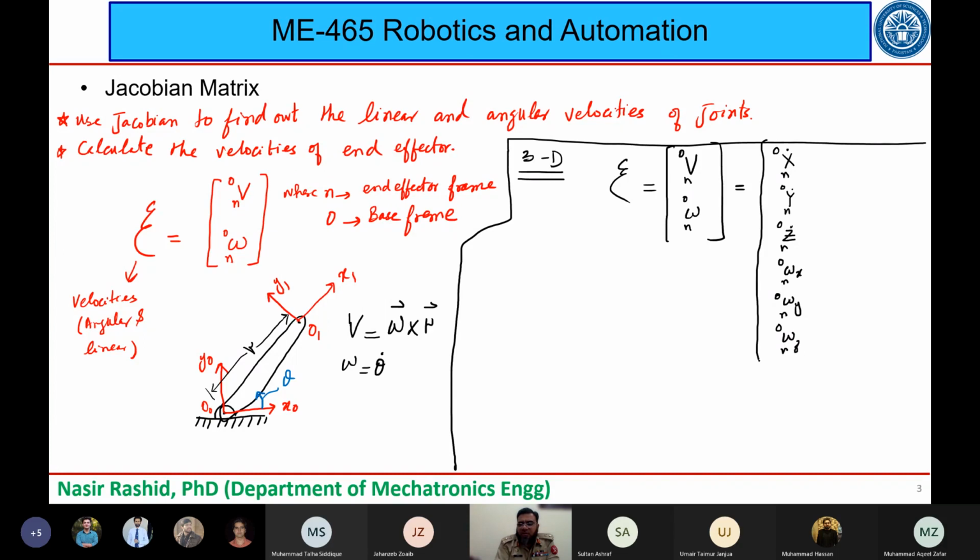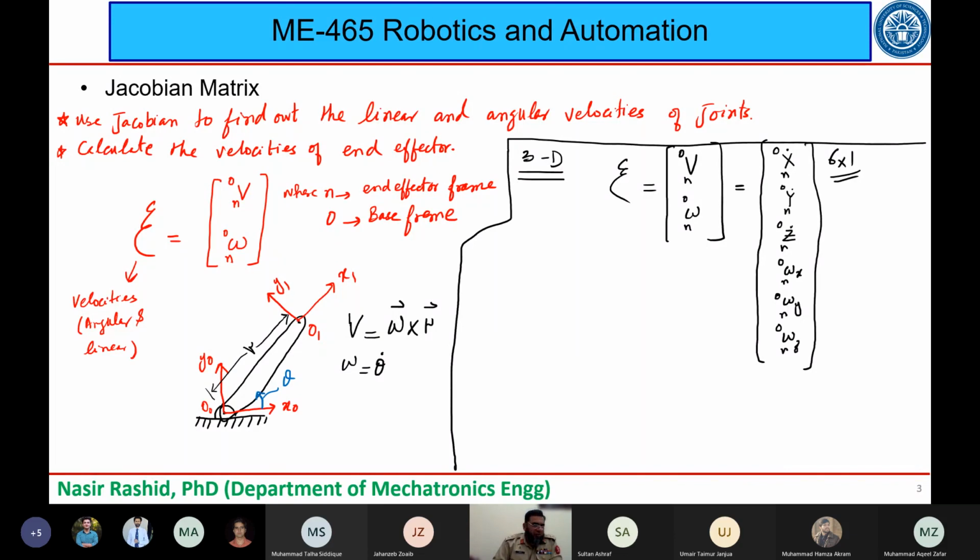So in fact, this will be a 6 by 1 matrix, which is going to give us the velocities of the end effector with respect to base, and each linear velocity will have 3 components, and also the angular velocity will have 3 components. So this will become a 6 row and 1 column matrix.